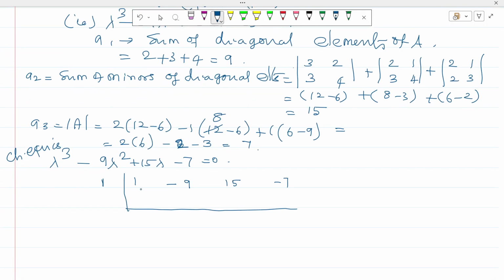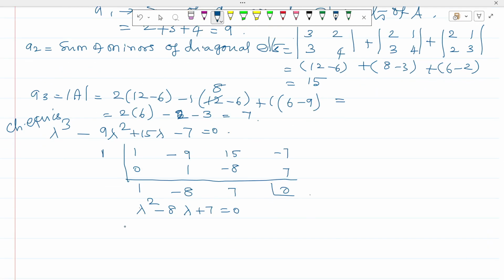Therefore 1 is a root. So the reduced equation is lambda square minus 8 lambda plus 7 equal to 0. If you solve this, you will get lambda equal to the roots 1 comma 7.